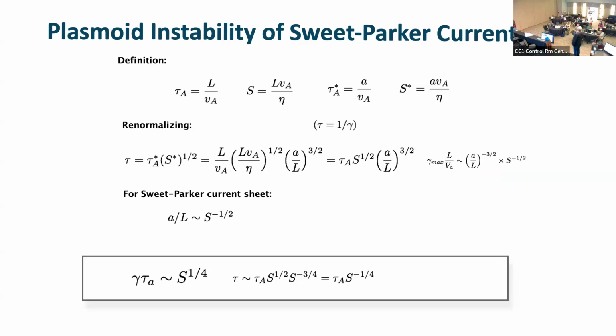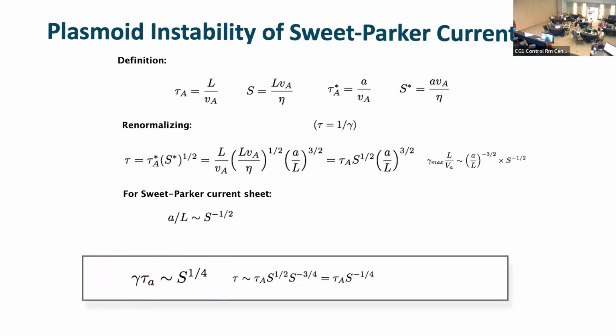What happens is that the maximum growth rate of the tearing mode, gamma max big L over VA, now goes like S to the minus 1/2 elevated to the power minus 3/2, which is plus 3/4, minus 1/2. 3/4 minus 1/2 is equal to plus 1/4. And you might say, okay, that means that the time scale of the instability, tau, 1 over gamma, so gamma tau A now scales like S to the 1/4.